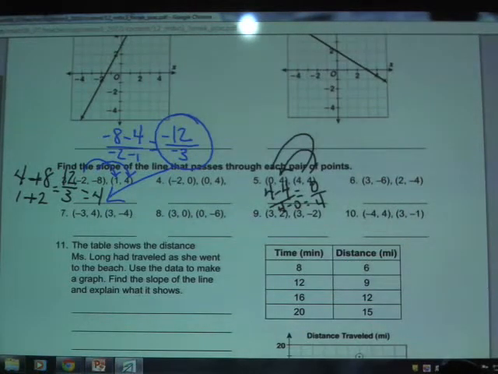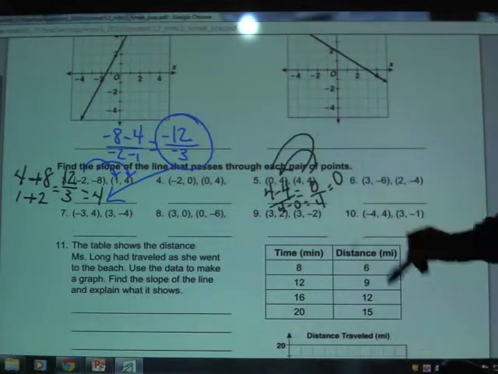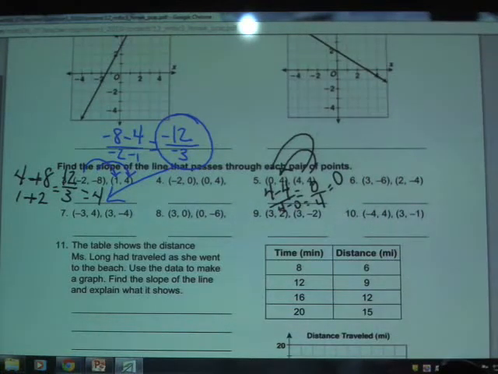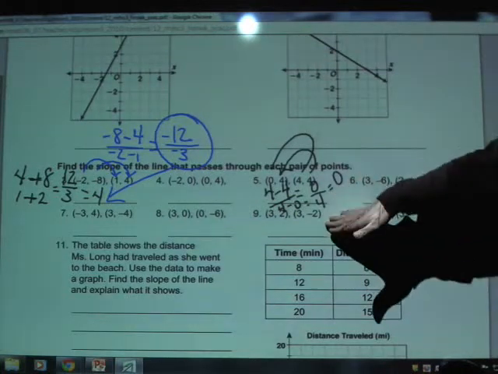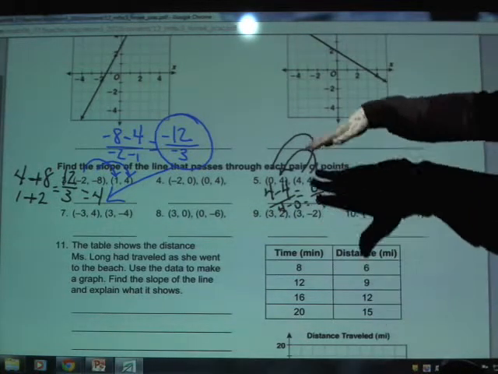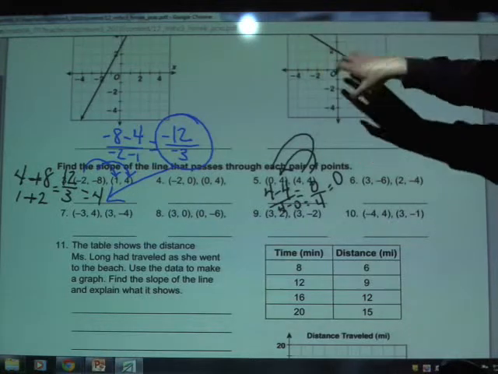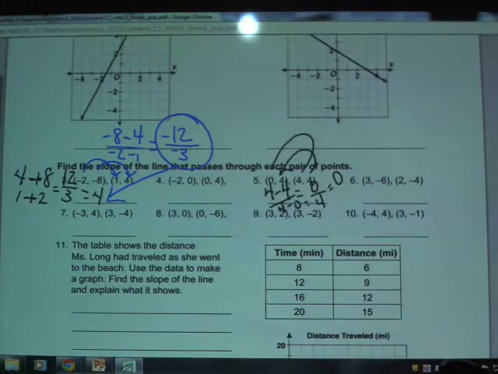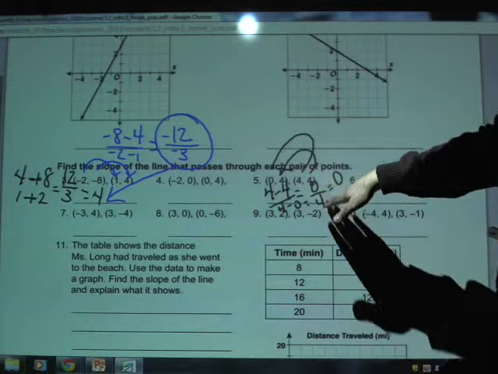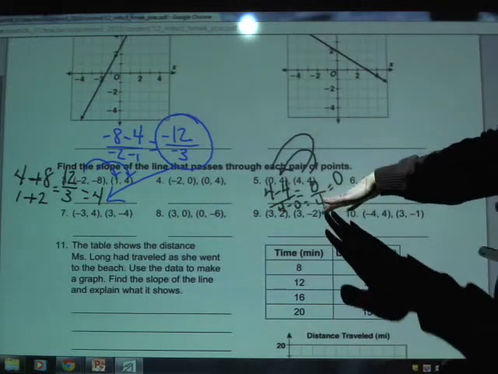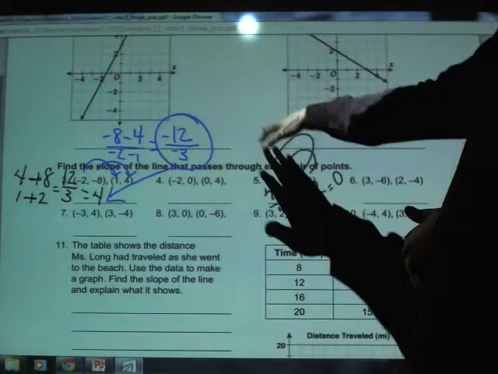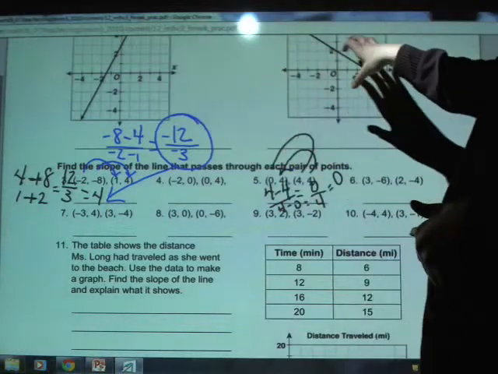Now you don't want to change this into just 0, because that's not going to mean what you think it means. A slope of 0 over 4 indicates that the line is never going to rise, but the line is going to have a run. So when you have a top number of 0 and the bottom number is any number that's not 0, I'm not going to rise, but I'm going to run 4.